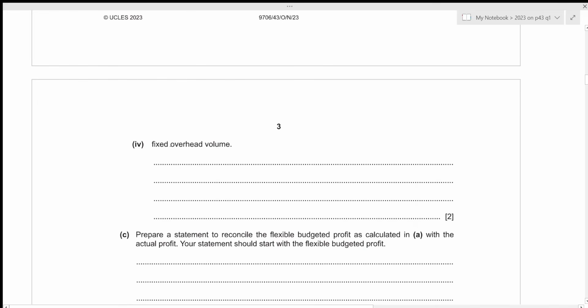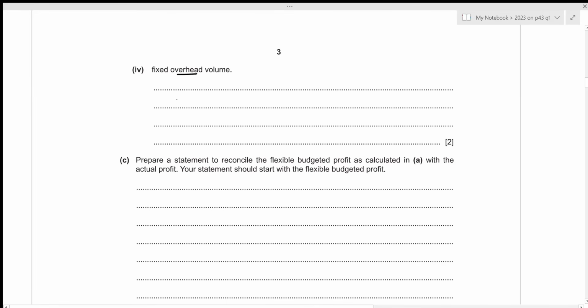Then we have our fixed overhead volume. And fixed overhead volume variance is similar to that of fixed overhead expenditure variance, but in this case, rather than comparing the standard fixed overhead to the actual fixed overhead, we will be comparing it to our flexible fixed overhead. So the formula is just the comparison between the flexible fixed overhead and the standard fixed overhead.